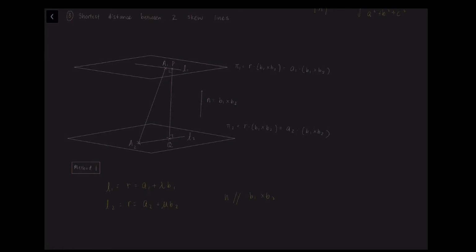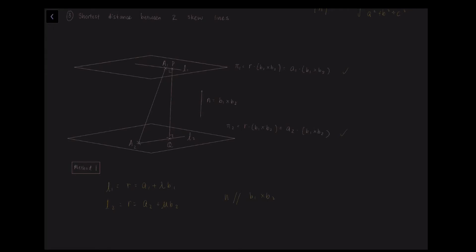So in this case, the common normal vector n to planes pi1 and pi2 must be perpendicular to B1 and B2. Thus, n is parallel to B1 cross B2.